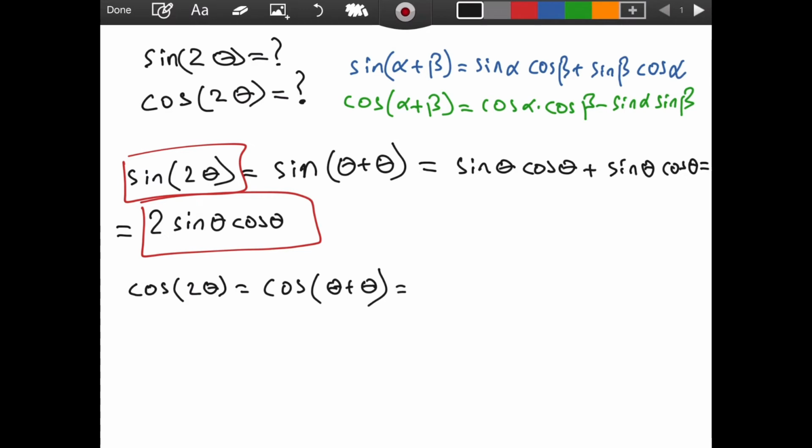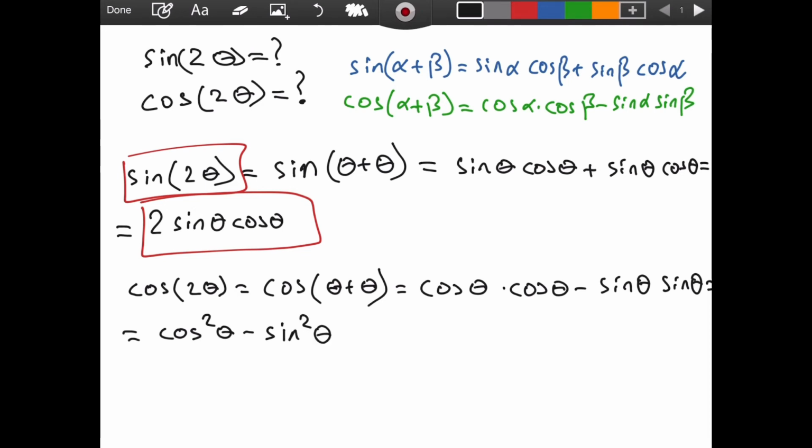So this is equal to cosine of theta times another cosine of theta, because we have cosine of alpha, cosine of beta, and alpha and beta are both theta in our case, minus sine of theta, sine of theta. So we have cosine squared of theta minus sine squared of theta.